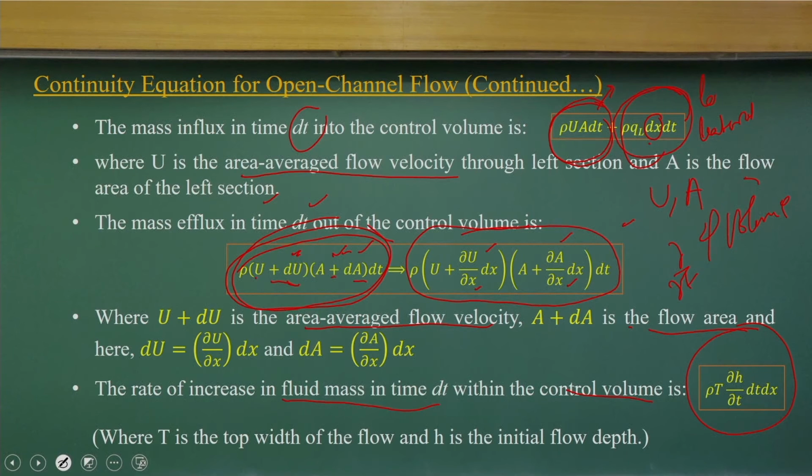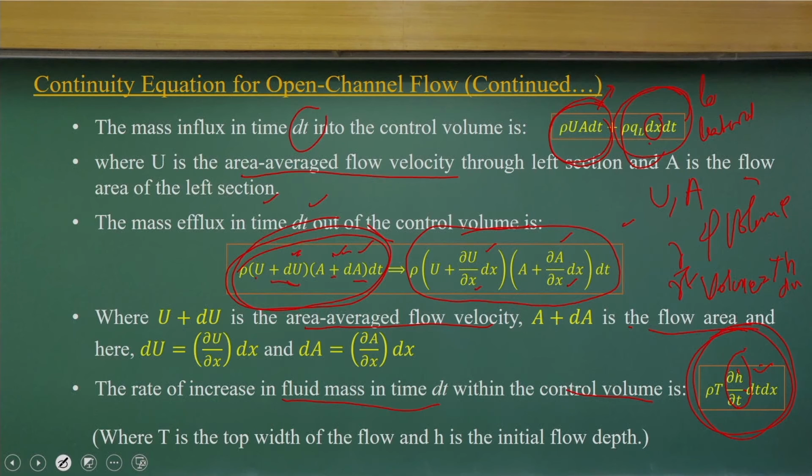In this case the volume we write in terms of top width T, h and delta x. As we have included h varying with respect to time, the delta h by delta t component is there.